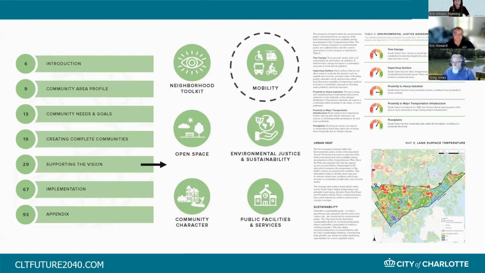It also contains illustrative concepts that help provide visualizations for how areas that are recommended for change may evolve over time. That section is also found in this document, as well as an appendix where you can reference any methodology questions or things of that sort. That will all be found in the appendix along with the neighborhood toolkit.